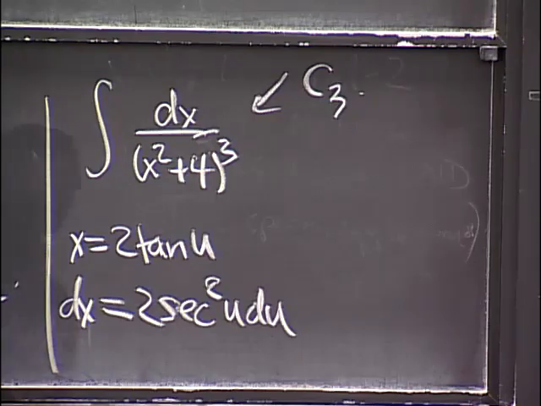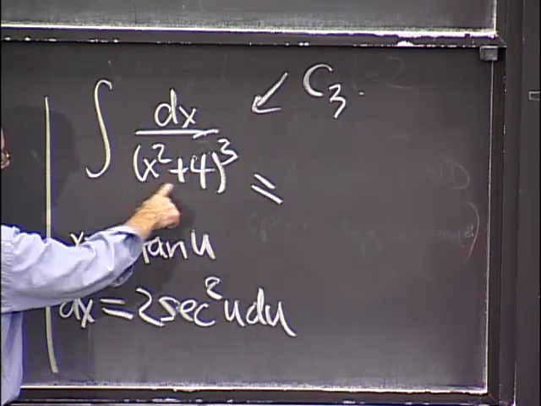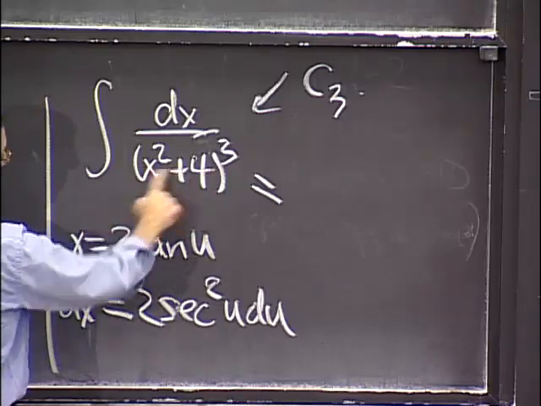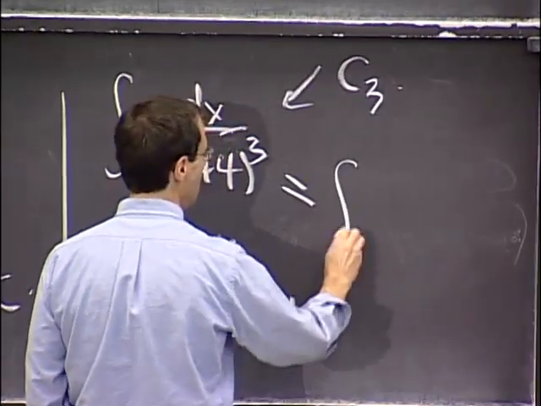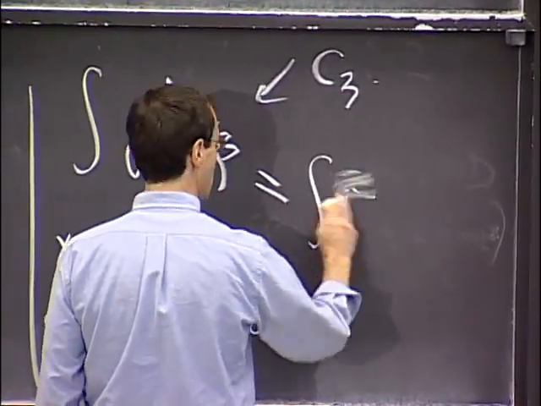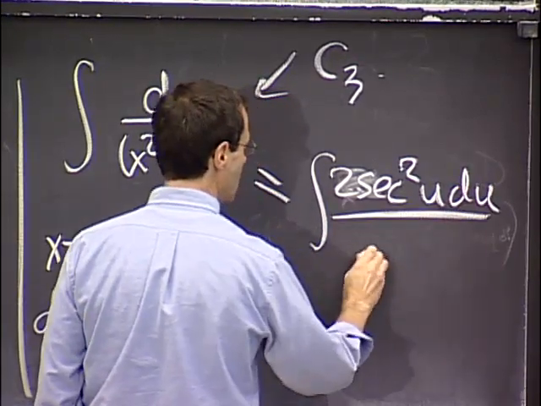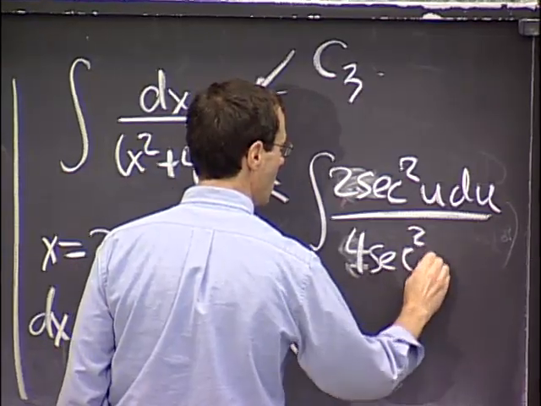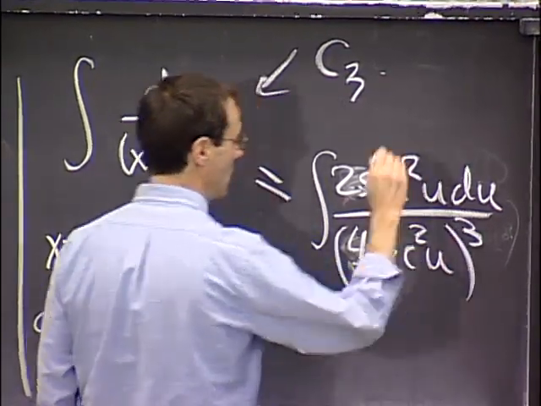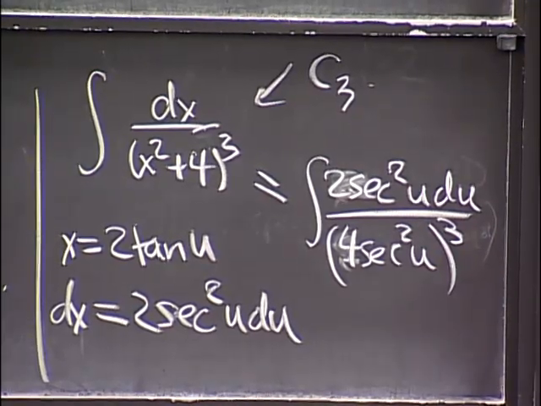And then you have to plug in, and you're using the fact that when you plug in 4 tan squared plus 4, you'll get a secant squared. So altogether, this thing is 2 secant squared u du, and then there's a 4 secant squared u cubed in the denominator. So that's what happens when you change variables here.